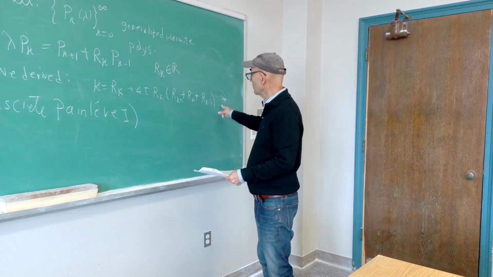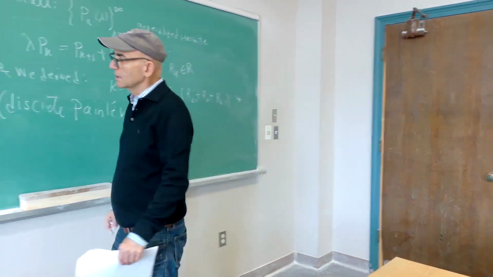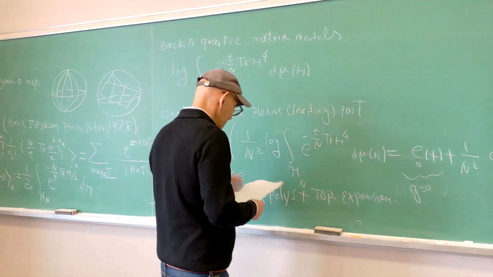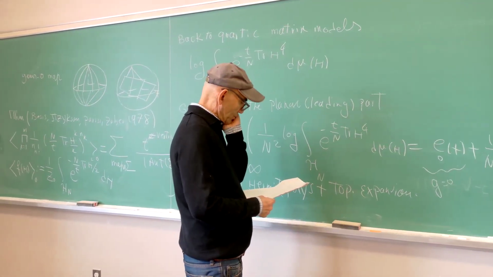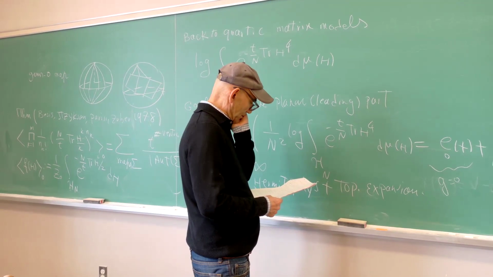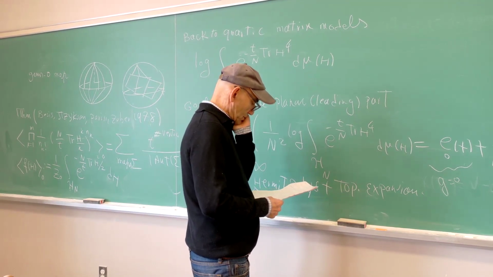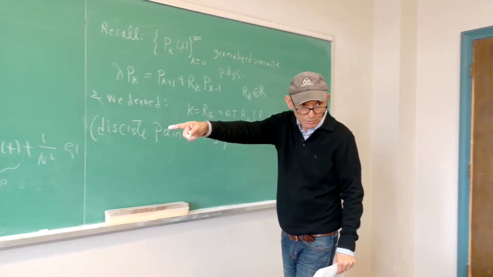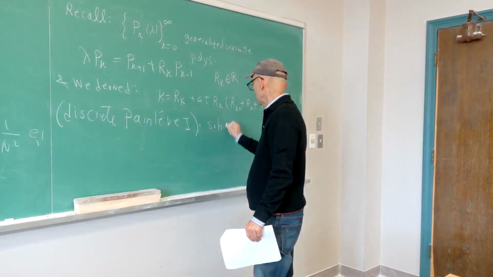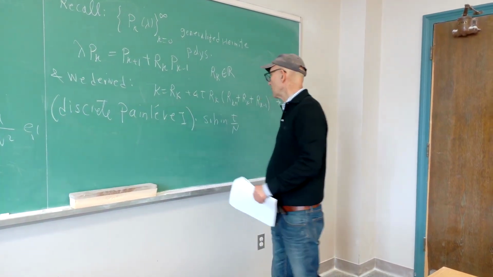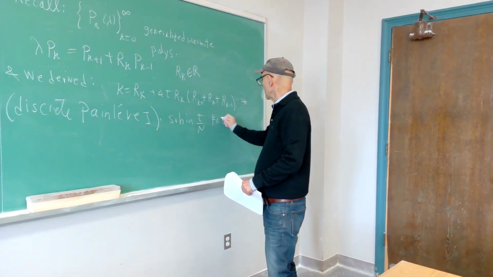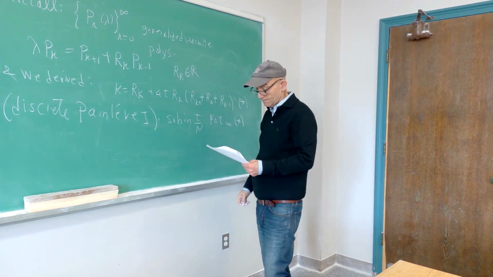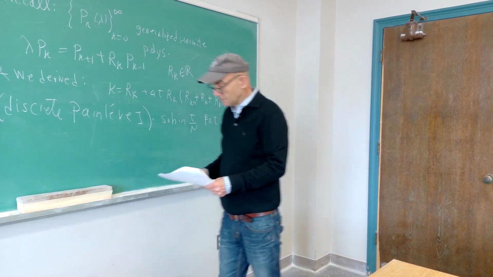Okay, so now we have to substitute, because we are not working with t, we are working with a new constant. So we substitute t over n for t in star, and divide by n.